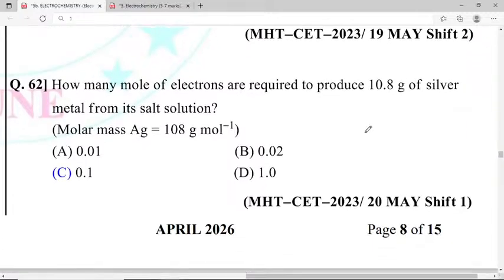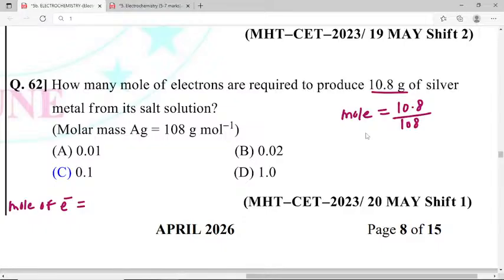How many moles of electrons are required to produce 10.8 gram silver? So what is the formula here? Moles of electrons is equal to, so simple here, the mass is given to you. So moles of electrons required. So this is mole. Mole we have to calculate. Mole is equal to 10.8 divided by 108. So this is equal to 0.1.